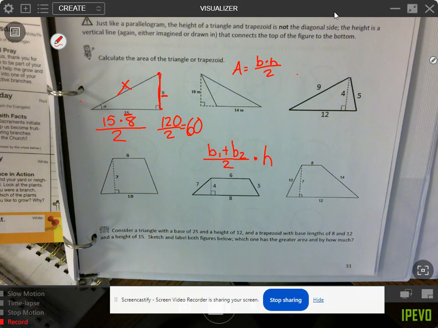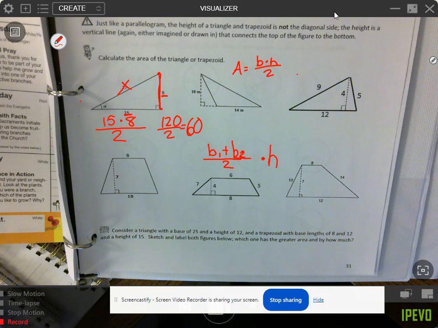Here we have 1 base times the height. For the trapezoid, we have 2 bases that we have to add together. So I can't actually put that there because we have to add the bases together before we multiply by the height. Base 1 plus base 2, divide by 2, and then we multiply by the height.